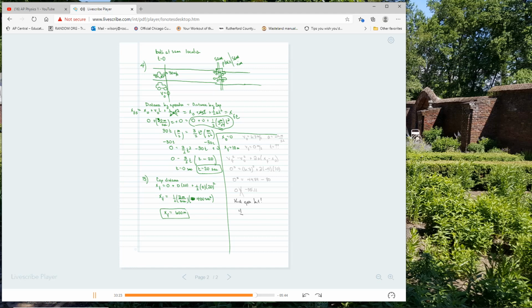Velocity original of the car, do we know that? The car was traveling at 6.7 meters per second. And we want the final speed to be 0, so we stop and don't hit the kid. Remember the big picture here. Don't hit the kid.